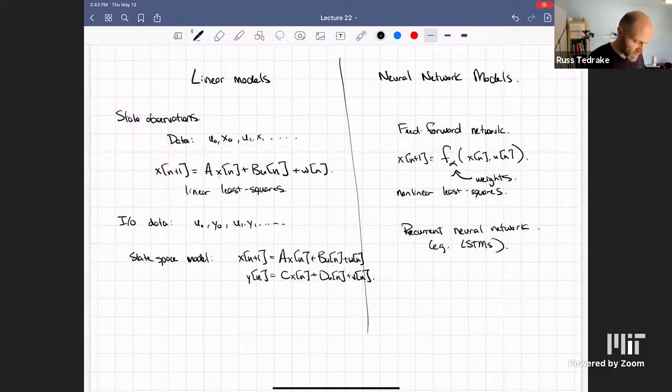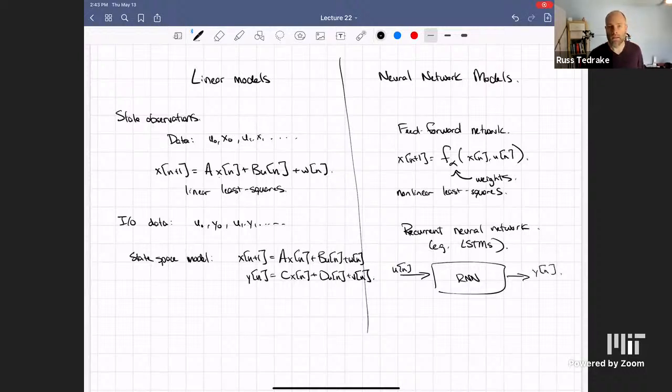Okay, and the model of this is still a dynamical systems model, where the equations of the state space recurrence are given by the LSTM equations. We really do have a system that takes u_n in, has my recurrent neural network in the middle, and spits out y_n. And we can train this similarly.